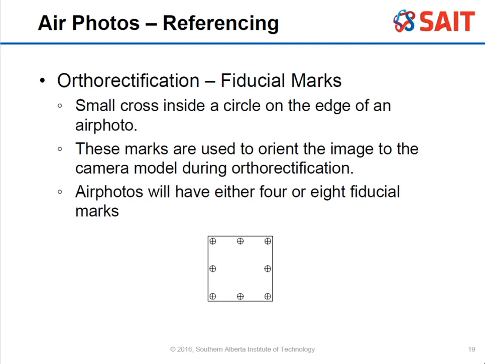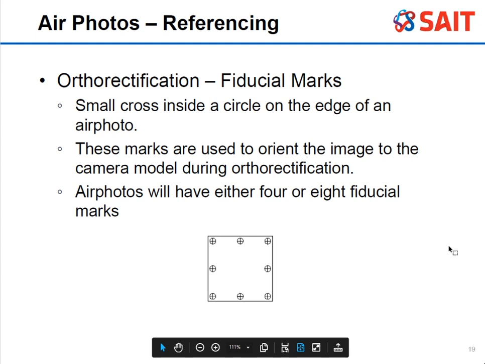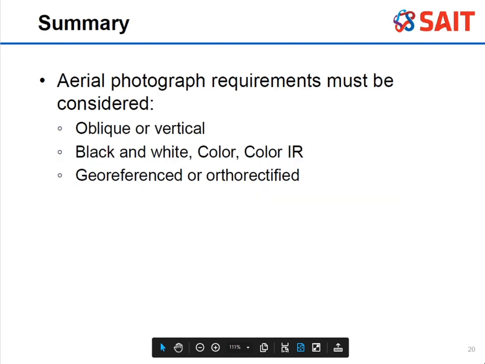It takes the camera, the orientation of the airplane, and all of that, and puts it all together. So you can imagine all the math that goes with that is pretty high. But they're what is key for the orthorectification. And you'll see that some aerial photos will have 4 and some will have 8. So that is a really brief overview of what those look like.